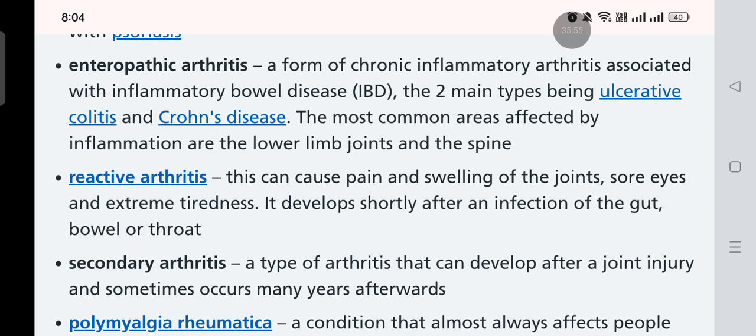Reactive arthritis. This can cause pain and swelling of the joints, sore eyes, and extreme tiredness. It develops shortly after an infection of the gut, bowel, or throat.